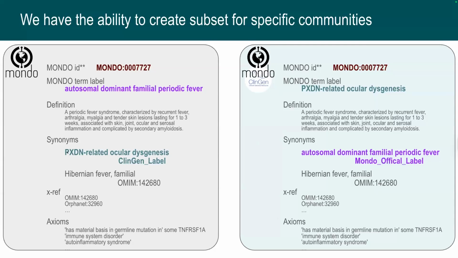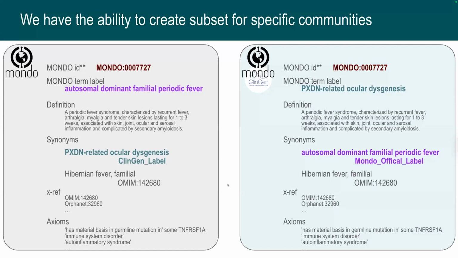So in this case, we had the synonym that was tagged as ClinGen label. In the ClinGen subset of Mondo, this synonym would become the term label. And because we don't lose track of anything, we would also make sure that the original Mondo label would be added as a synonym and tagged as Mondo official label.